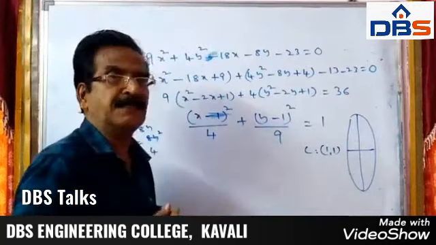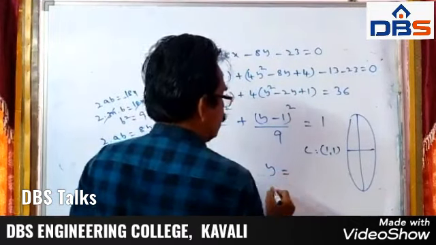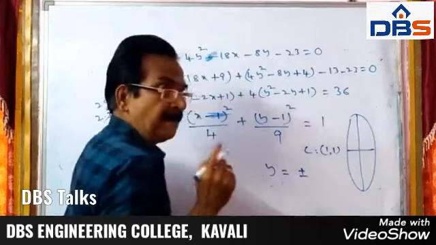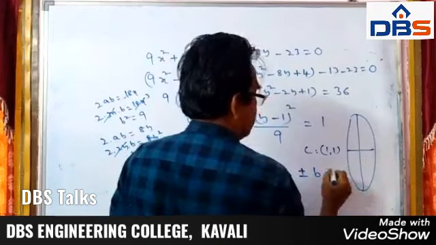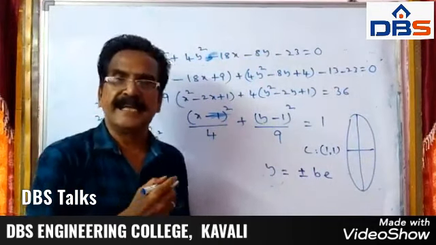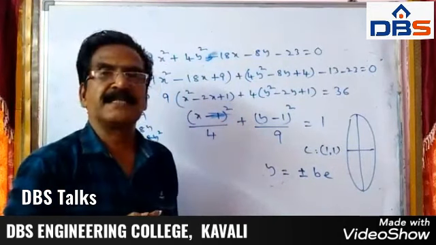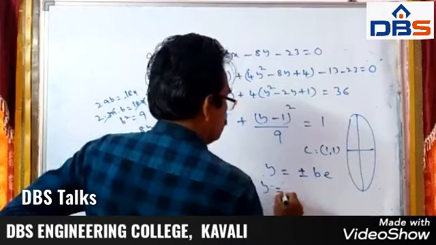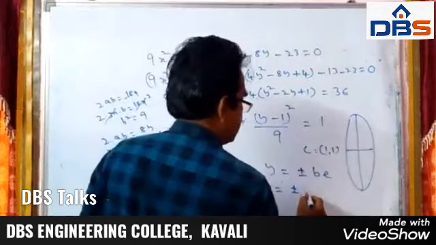So for a vertical ellipse, y is equal to plus or minus be, that is, y is equal to plus or minus c.